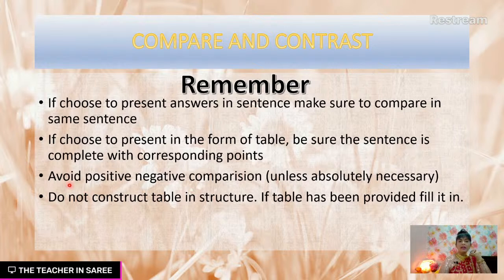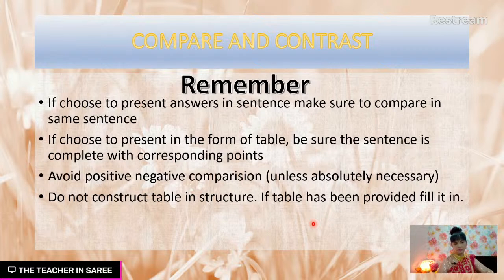Then avoid positive-negative comparisons. Do not do this unless it's absolutely necessary. There are some characteristics that do not have corresponding points. In that case, for example, plant cells have a cell wall and animal cells don't, because they don't have anything corresponding to it.